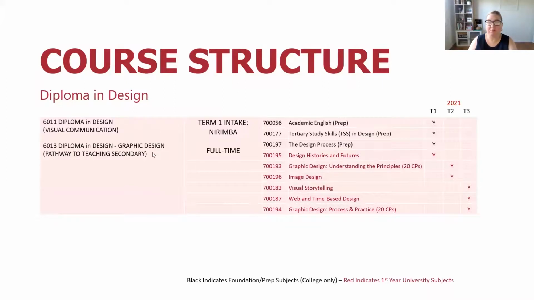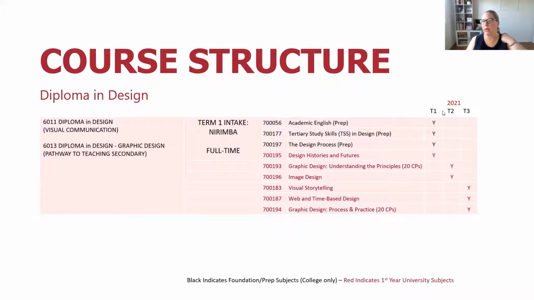So in the first year, there is no difference. It's the same base subjects that you will do in that first year. It's not until you start to go into second year at university that it starts to spread into the different directions. So if you're a diploma student, the ones who put their hands up before, these would be the first ones that you need to be enrolling in.